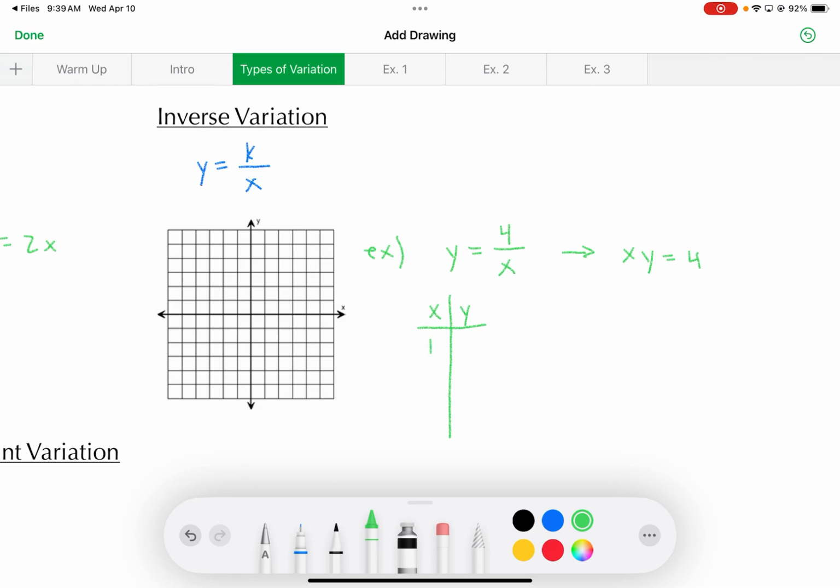If x is 1, y would have to be 4 for those to multiply together to be 4, right? So I have a point of (1, 4). I could switch it. I could say x is 4 and y is 1. Those would multiply together to give me 4. Give me two other numbers that multiply to 4. 2 and 2.